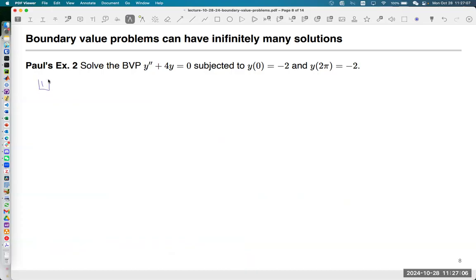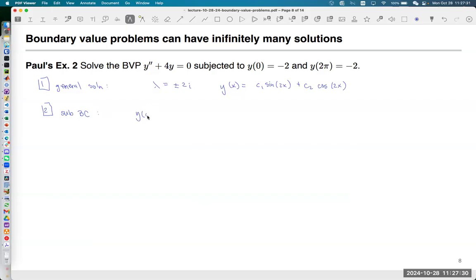So first, we solve for the general solution, which we already solved. So lambda is equal to plus or minus 2i. So the general solution is c1 sine of 2x plus c2 cosine of 2x. Second step, substitute the boundary conditions.